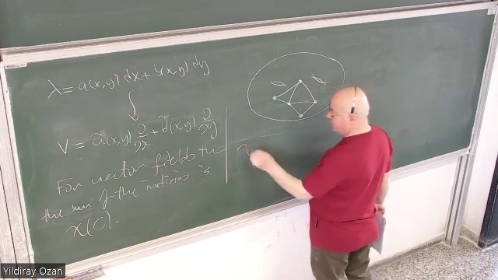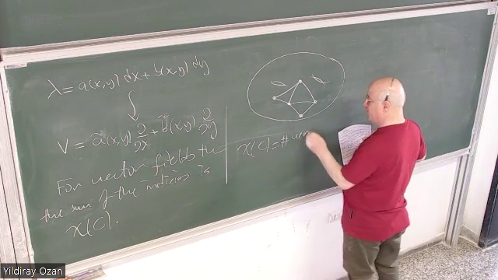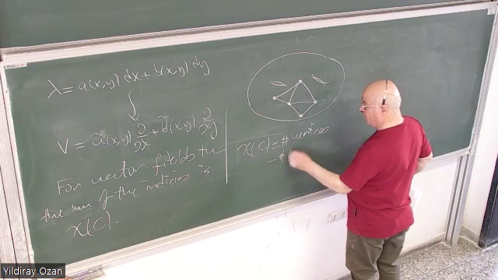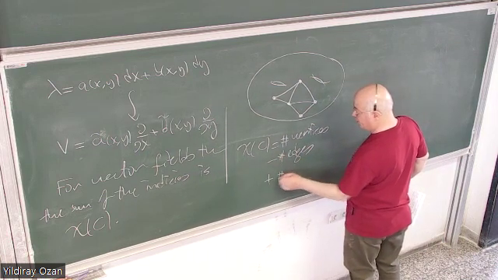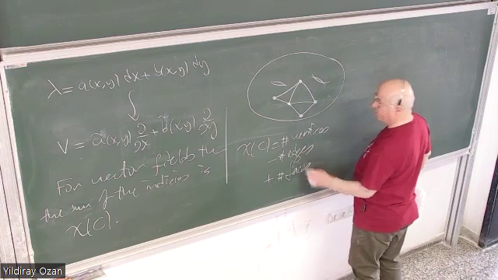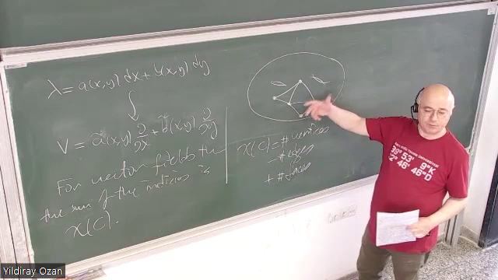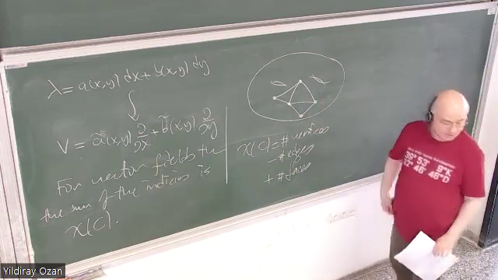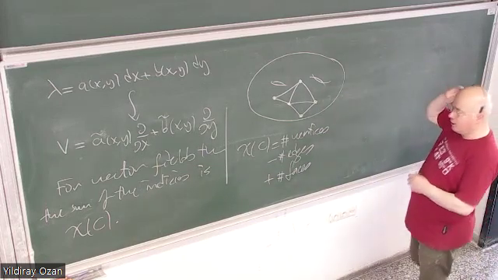The Euler characteristic is just the number of vertices minus the number of edges plus the number of faces. So you count how many faces you have, how many vertices, how many edges, and then form this alternating sum. Okay? Euler.